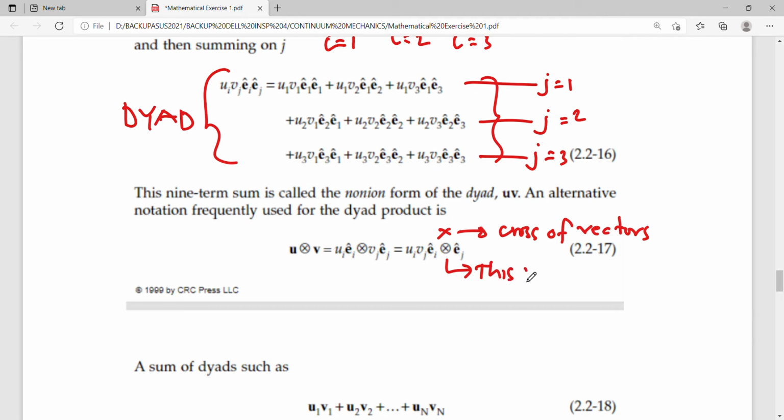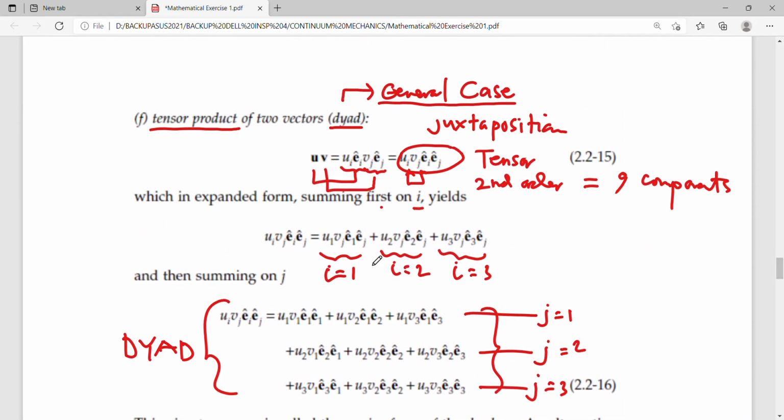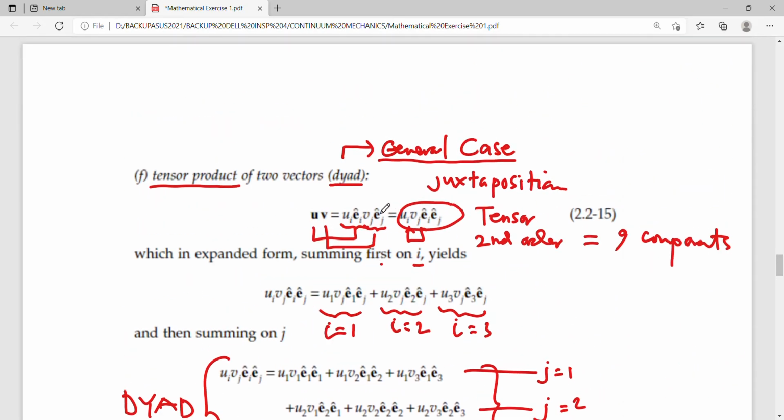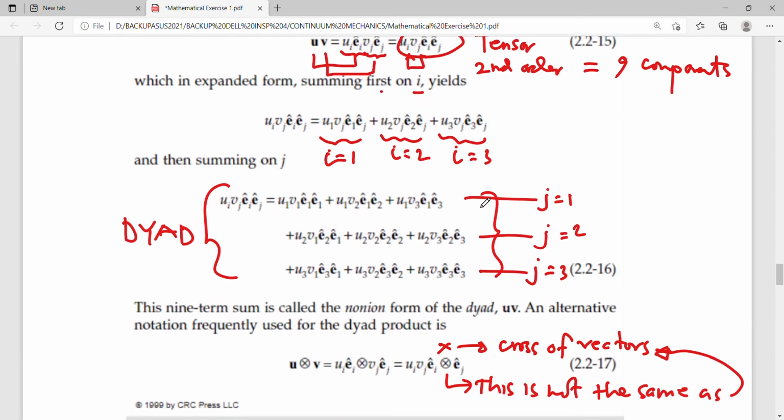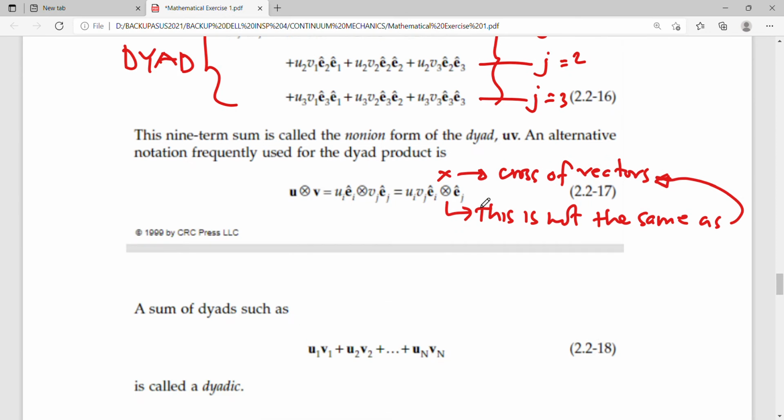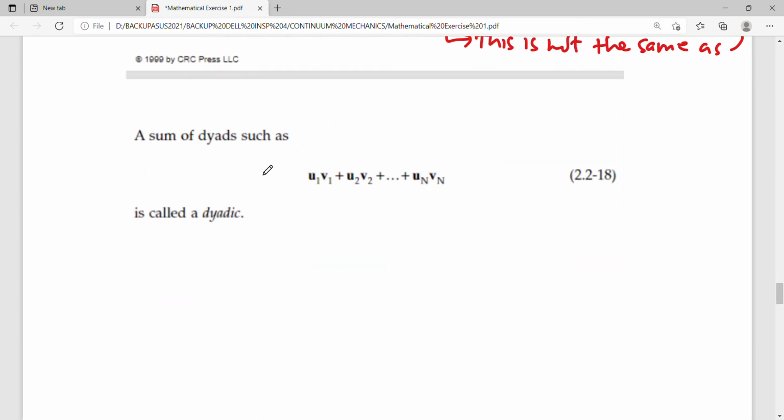This is not the same as this one here. So you can make use of this alternative form, or you can use a simple placement of the vectors side by side, or what you call the placement in juxtaposition.